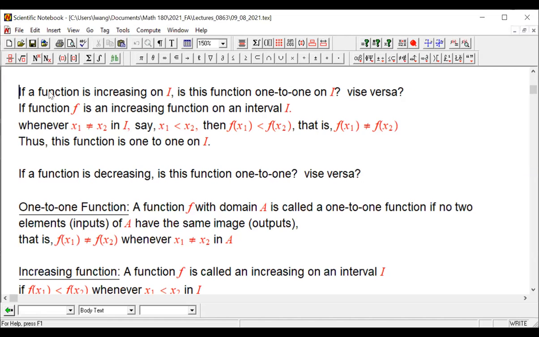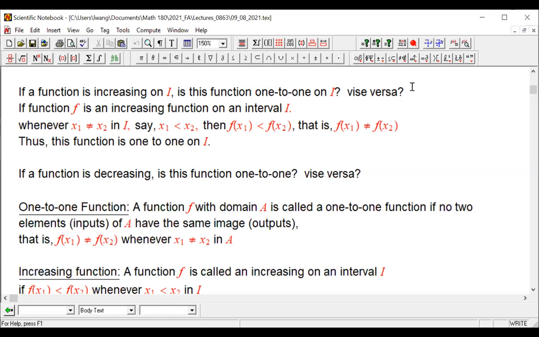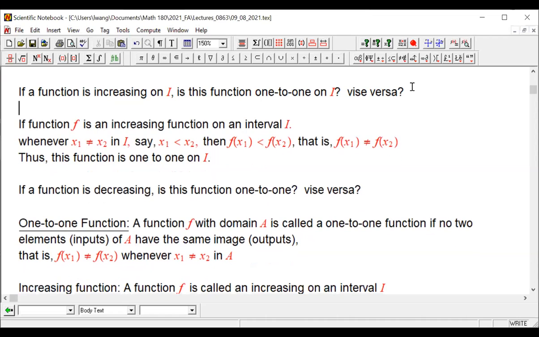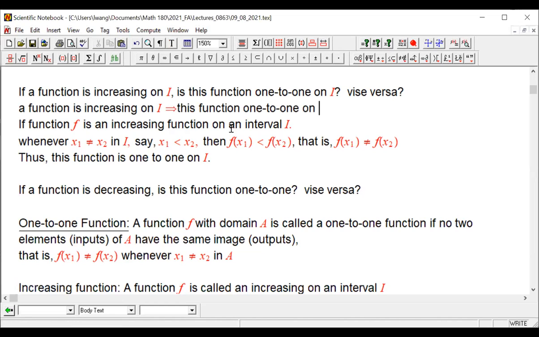We have just demonstrated that if a function is increasing, it is surely one-to-one.